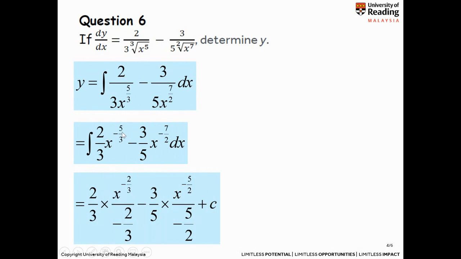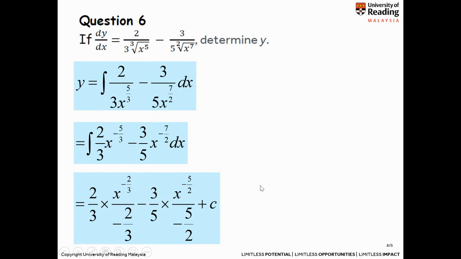So minus 5 over 3, you plus 1, you shall get minus 2 over 3. Then you divide by the new power minus 2 over 3. For the second term, minus 7 over 2, you plus 1, you shall get minus 5 over 2. Then you also divide by minus 5 over 2. Do not forget the plus C.